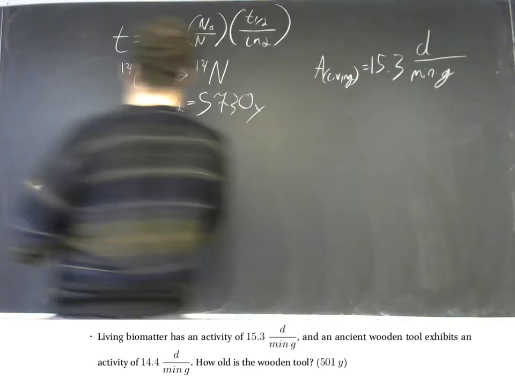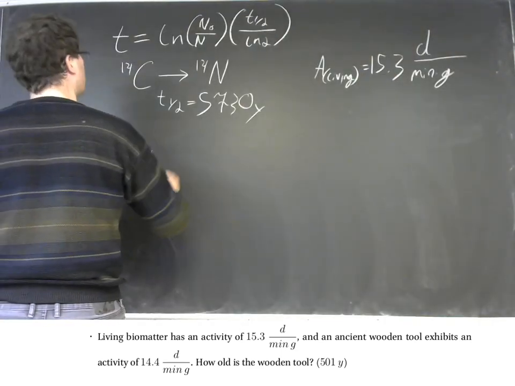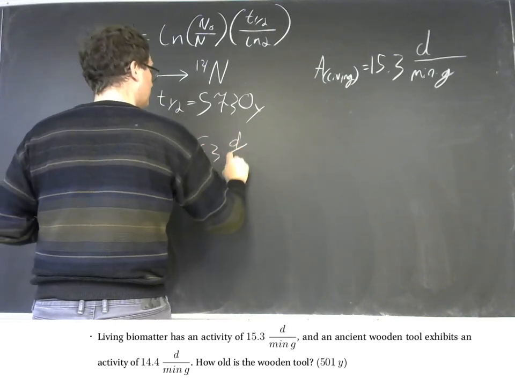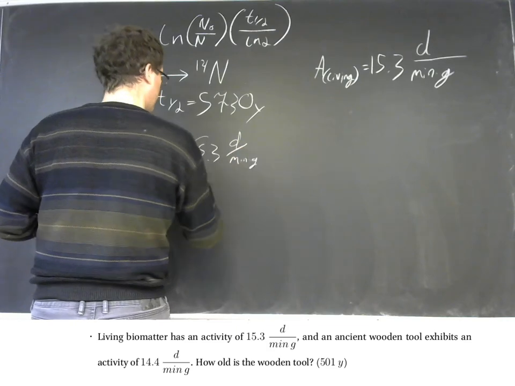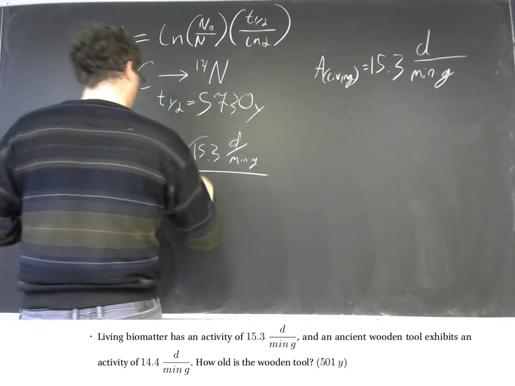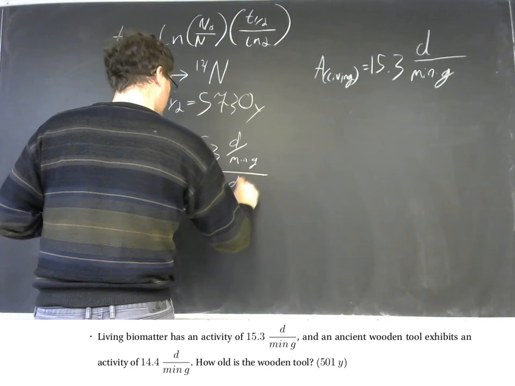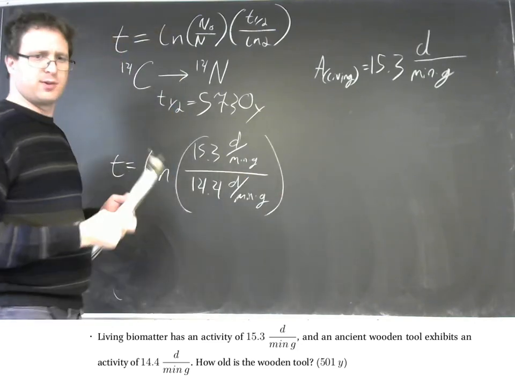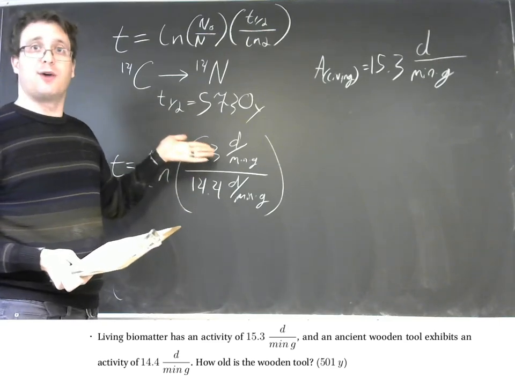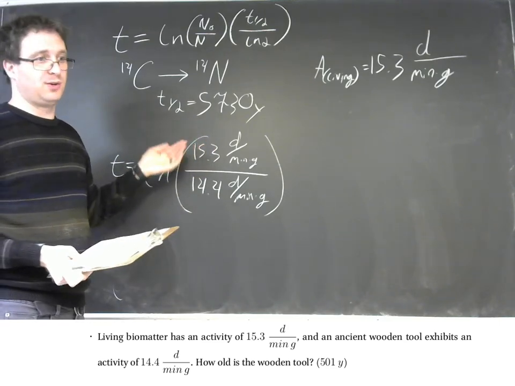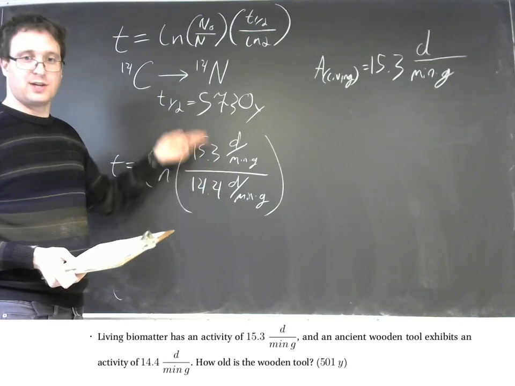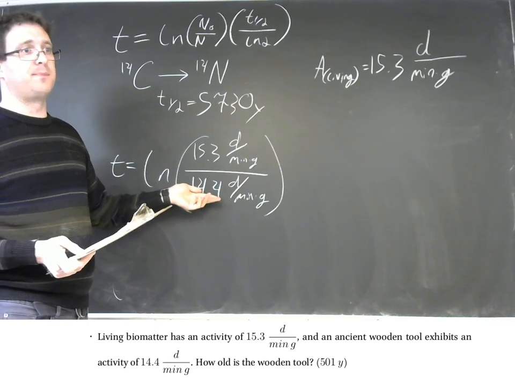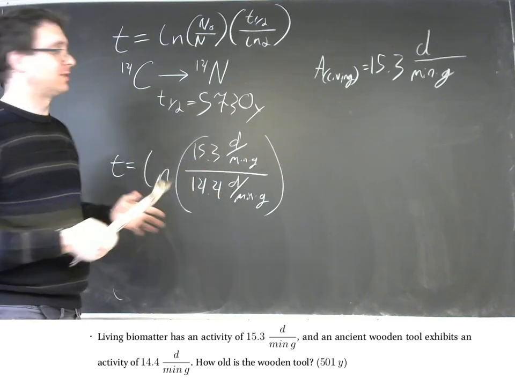So we'll say that t is equal to the natural log of 15.3 disintegrations per minute gram over 14.4 disintegrations per minute gram. And remember, those activities are proportional to the amount of radioactive isotope, and so we can use the ratios of activities just like we can use the ratios of masses, or we could use the numbers of isotopes themselves.